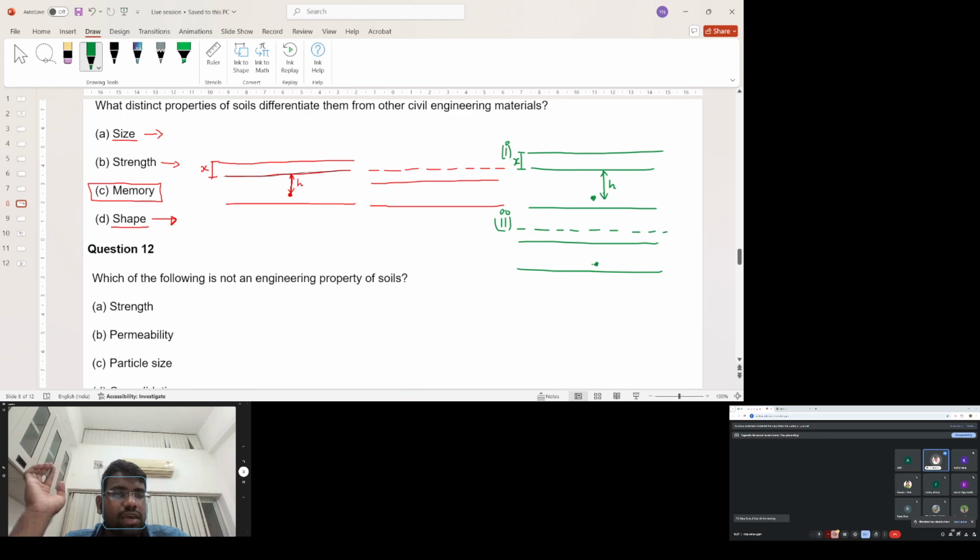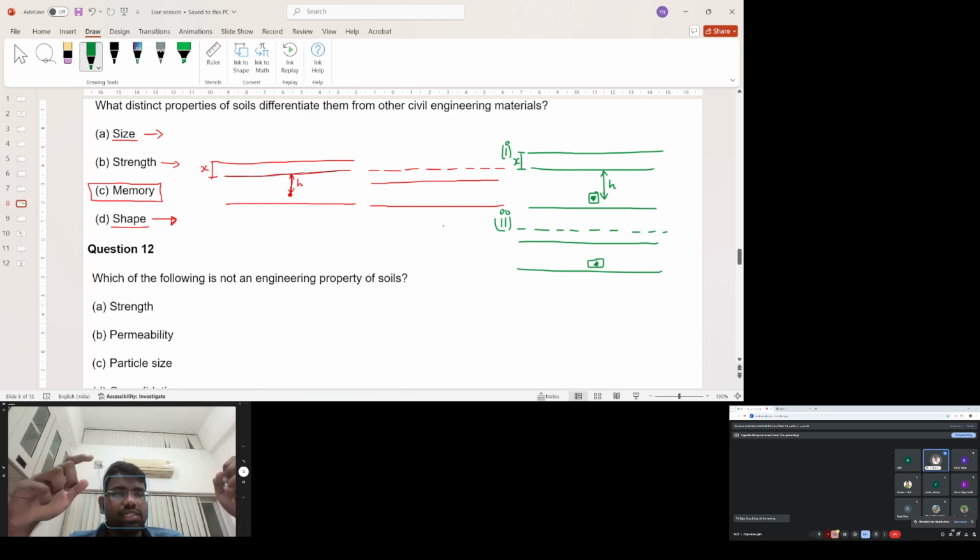If you consider the same point and subject it to some testing, the behavior of the same material under these different situations will be different. There are some types of soils which record what type of loading they have undergone during their earlier times. The response you get from these soils will be according to that only.